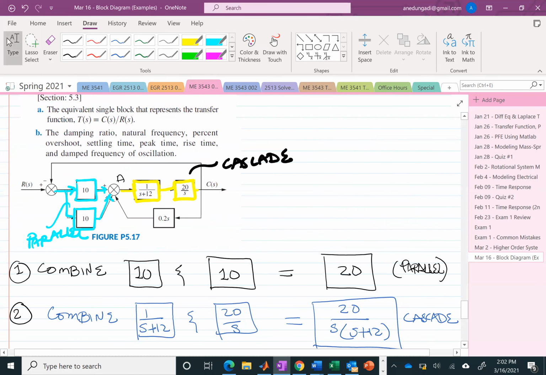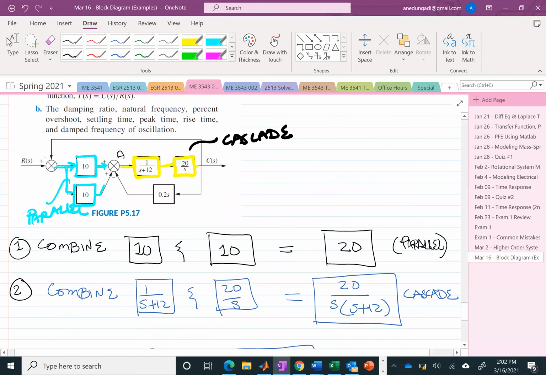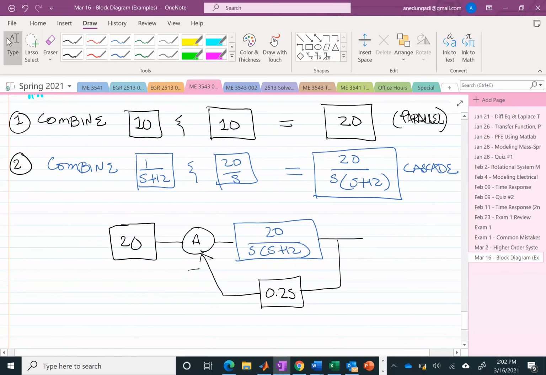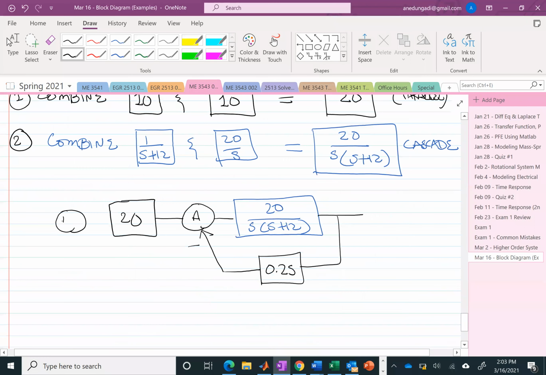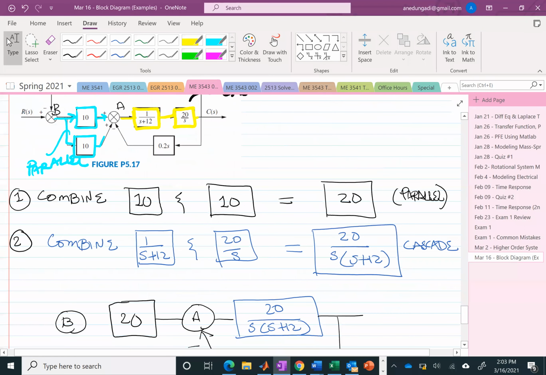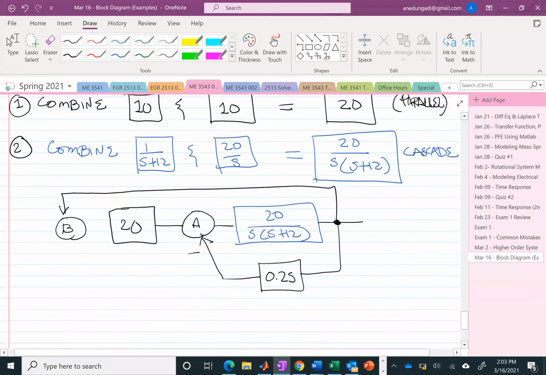Negative, negative. Yeah, negative, right? And we have unity feedback going to, call this B. So this is B, and it basically goes from this pickoff point all the way down to there.